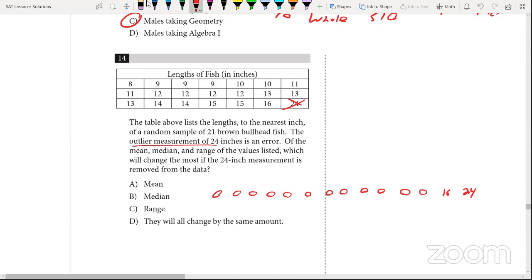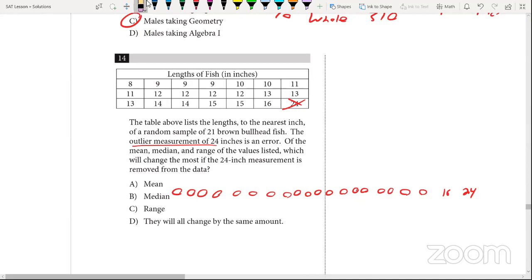1, 2, 3, 4, 5, 6, 7 times 3 is 21. 14, 15, 16, 17, 18, 19, 20, 21. All right, I just changed the number of symbols in here. They're not zeros, but they're empty spaces in the way I'm doing this. So we have 21 pieces of data. Now it is to scale. And the two biggest ones are 16 and 24.